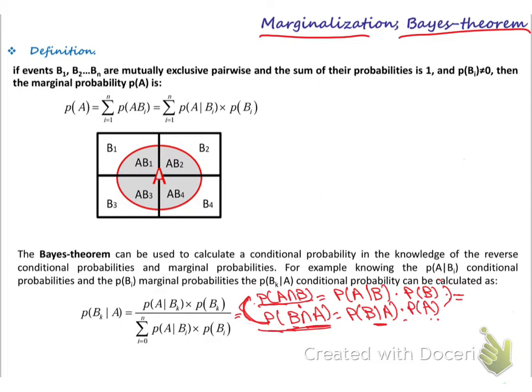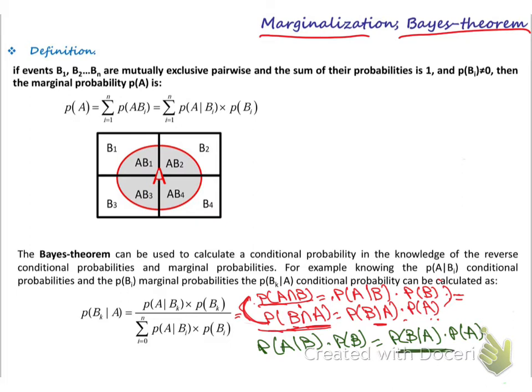So the probability of A given B times the probability of B equals the probability of B given A times the probability of A.